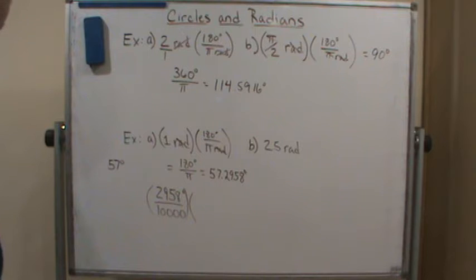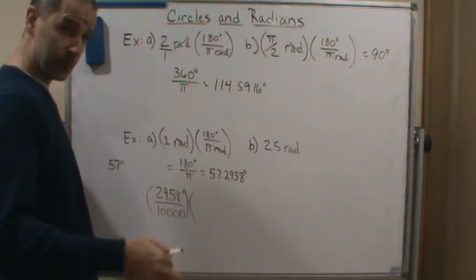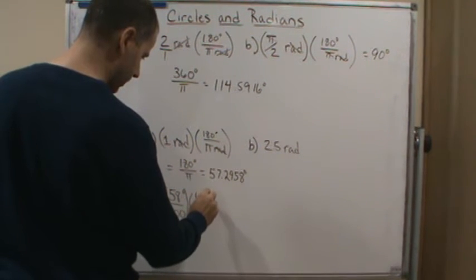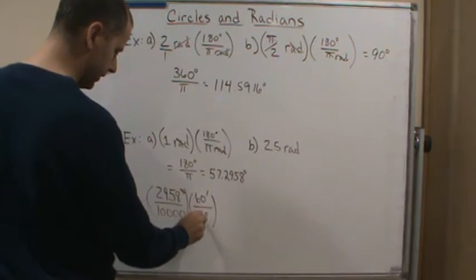And now I need to convert this into minutes. Well, we know that for each degree, it's partitioned into 60 minutes. So 60 minutes for 1 degree. And so the degrees cancel.